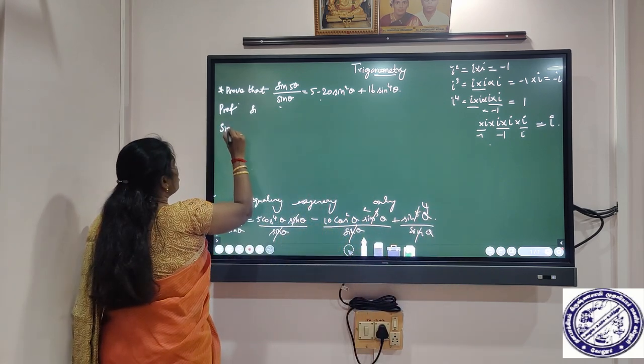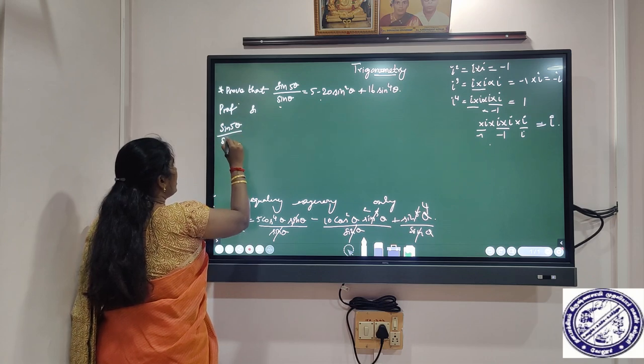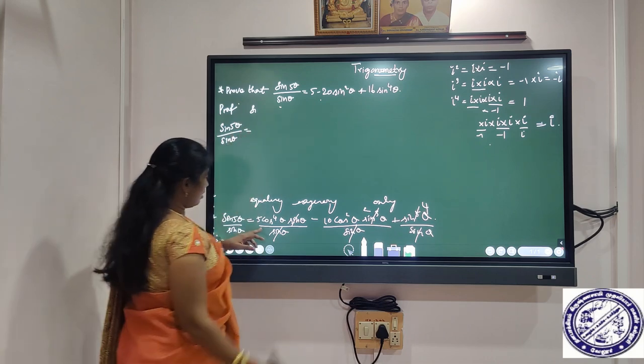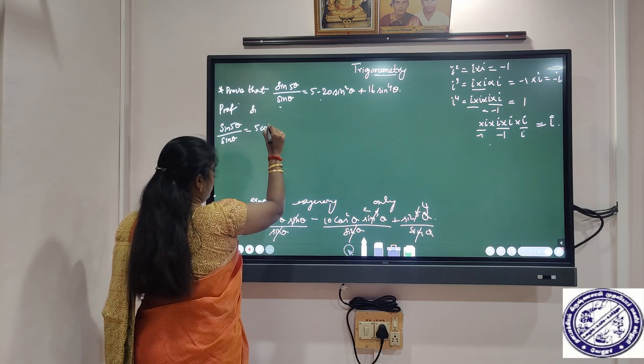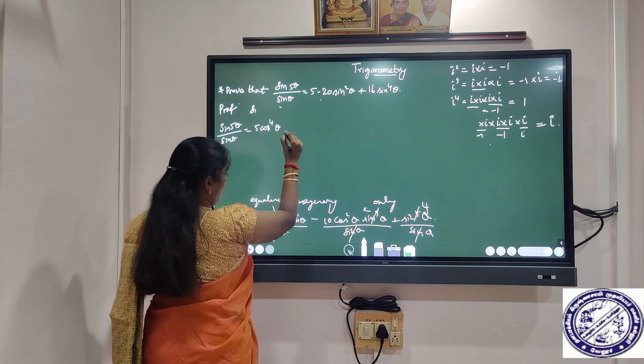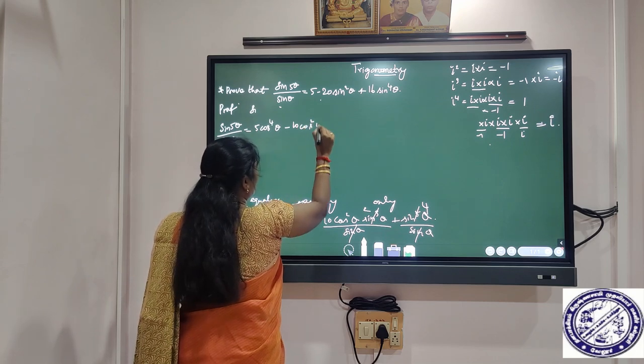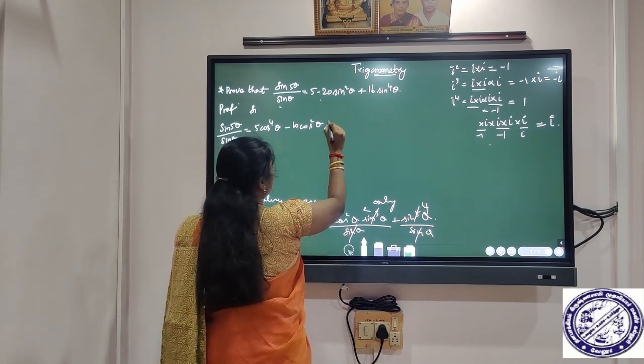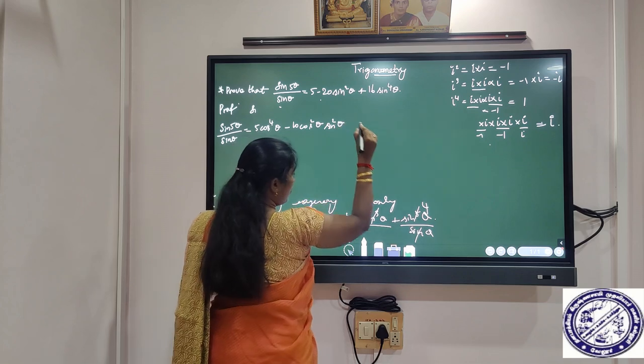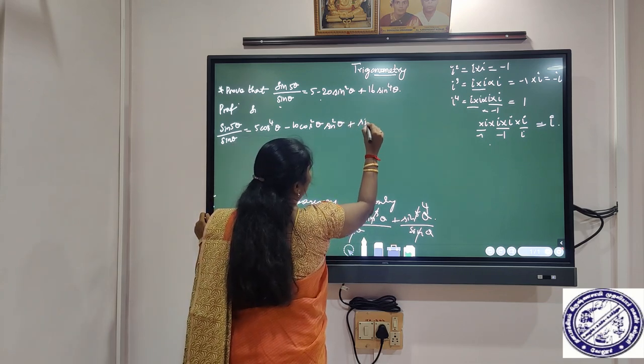So the left hand side is sin 5 theta by sin theta. The right hand side is 5 cos power 4 theta minus 10 cos square theta sin square theta, and the final term is sin power 4 theta.